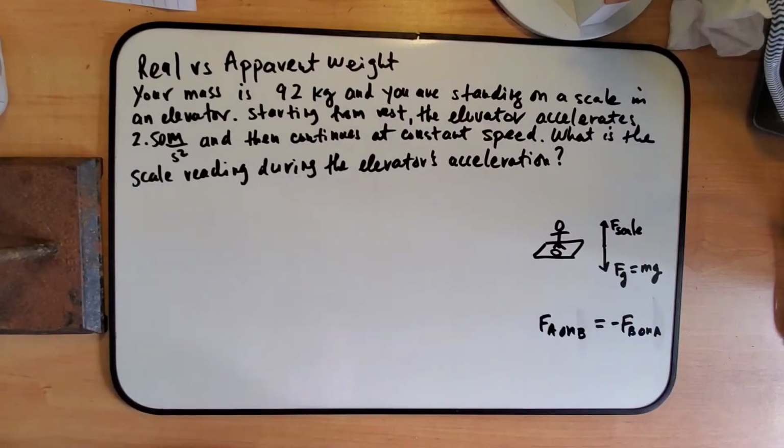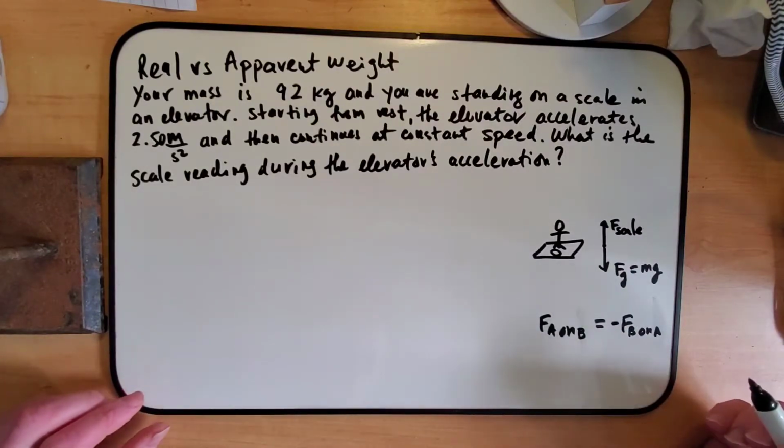I just mentioned Newton's third law, to summarize: all forces come in pairs. If I'm standing and act on the floor, according to Newton's third law, the floor must act on me also with the same force.